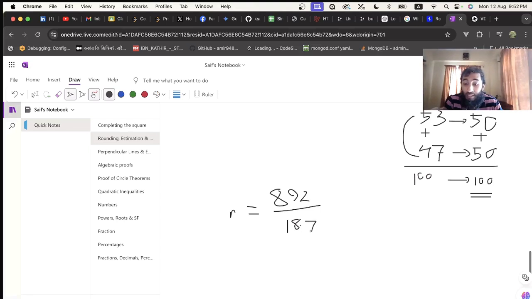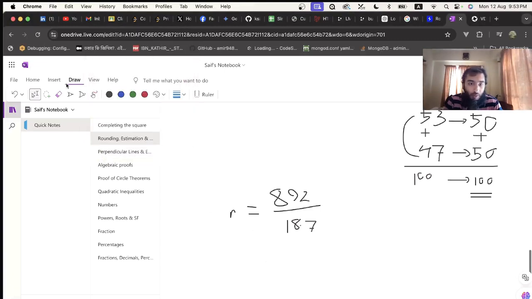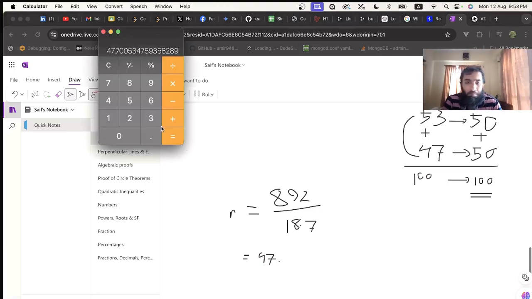So now I have to find the estimation. If I just do a basic calculation using a calculator, 892 divided by 18.7, the result is 47.700.